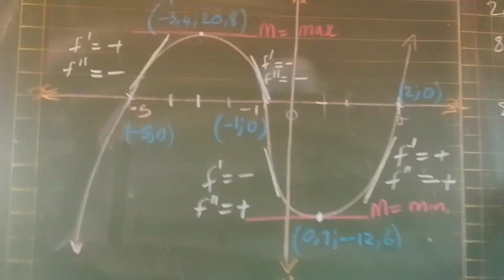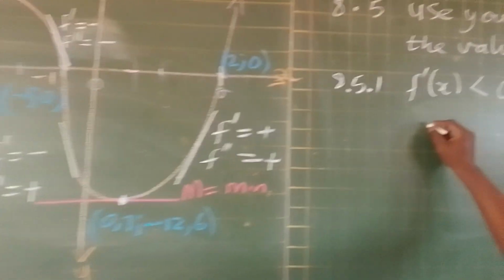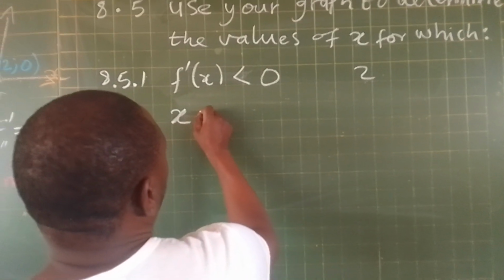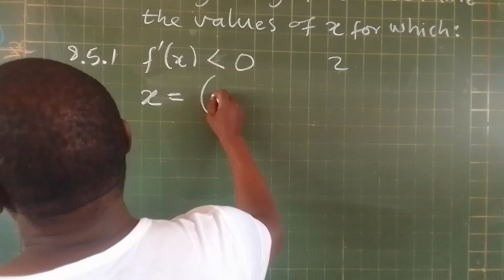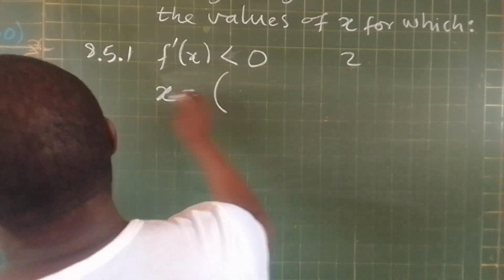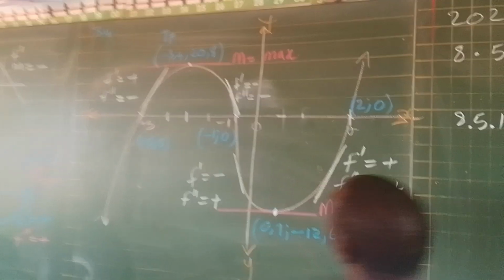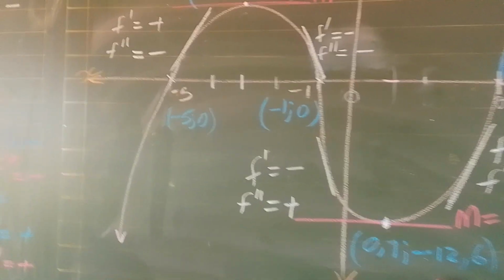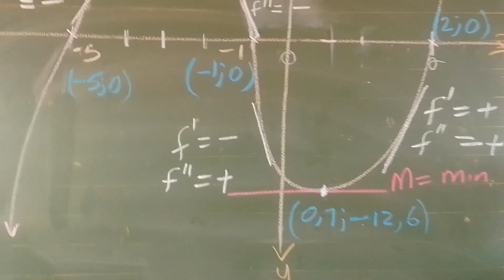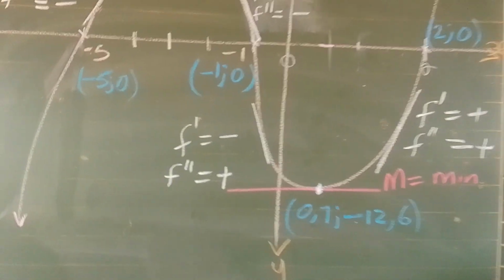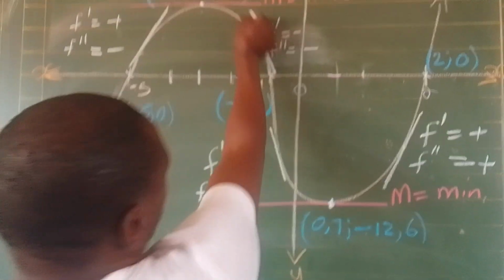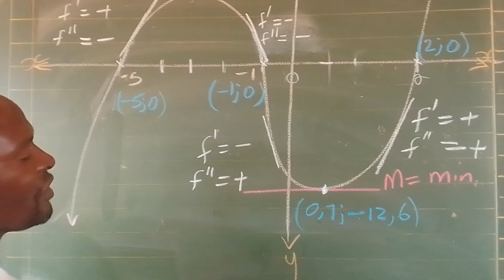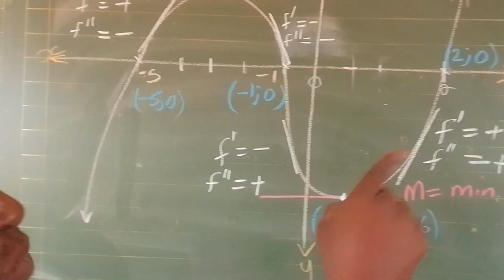So x is going to be, x is equal to, it is from here, negative 2.4 up until 0.4. So from here, all this up until here, our first derivative is negative. This is what is required.